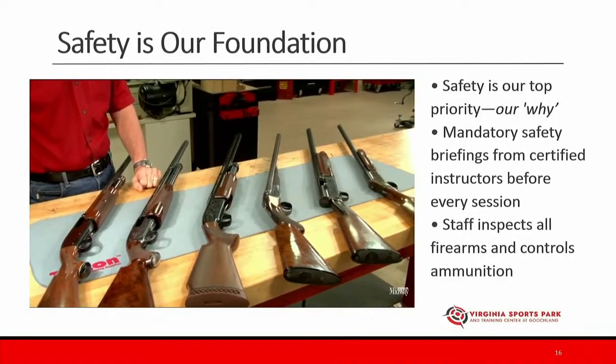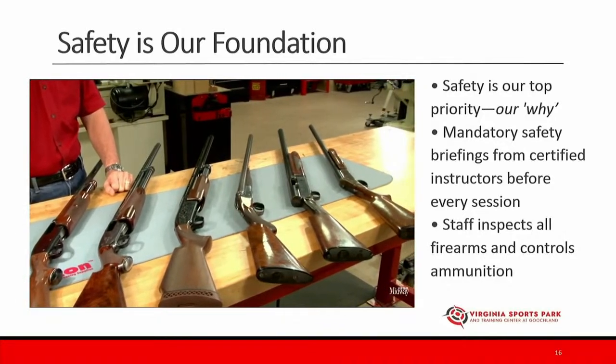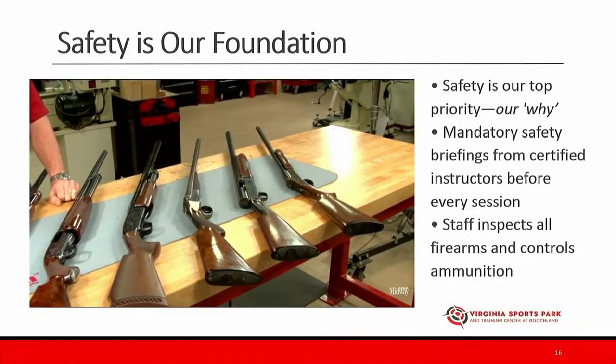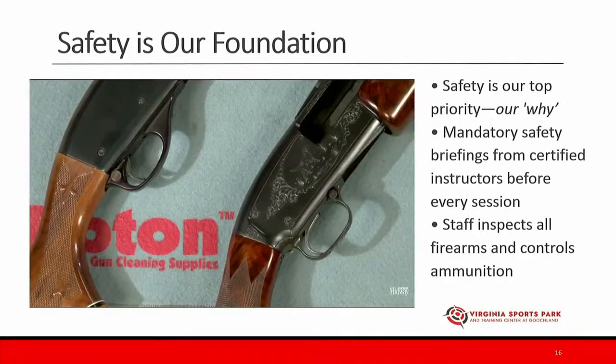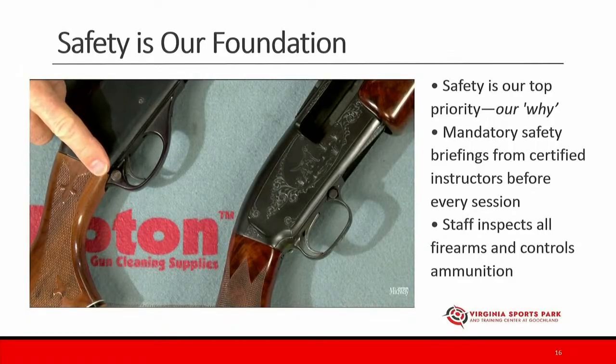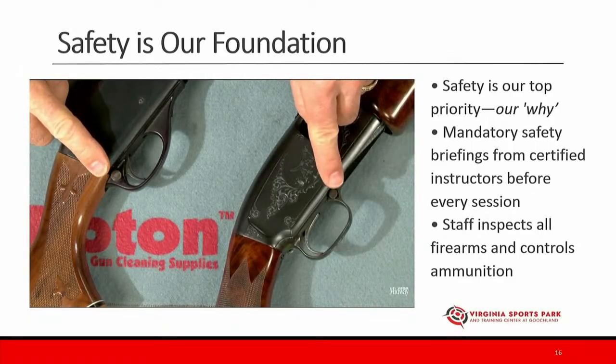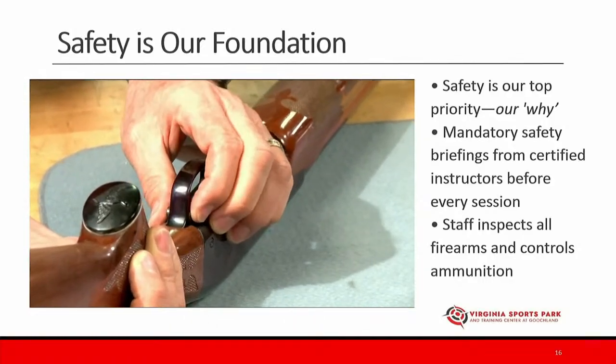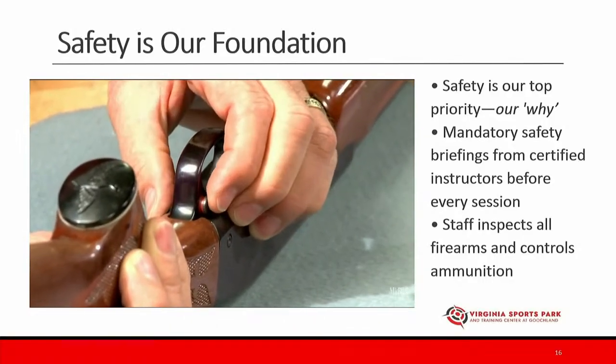Although the location of the safety can vary, never rely on a mechanical safety as a substitute for safe gun handling. The most common safety is a crossbolt design located behind or in front of the guard. It can often be set up for right or left-hand shooters.